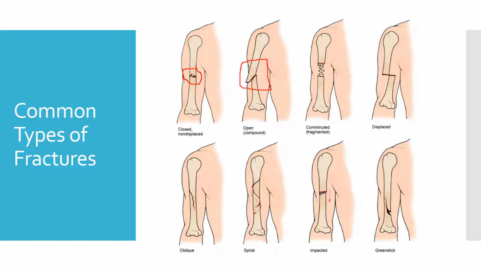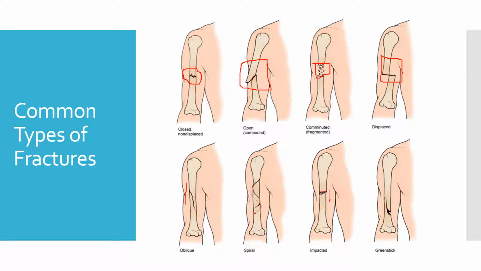Then you have a comminuted or fragmented fracture. As you can see, there are little fragments of bone floating in the space. This one is displaced. This is a closed displaced fracture. It's not protruding through the skin, but the bones are not aligned, so this one would have to be reduced to align the bones back together.